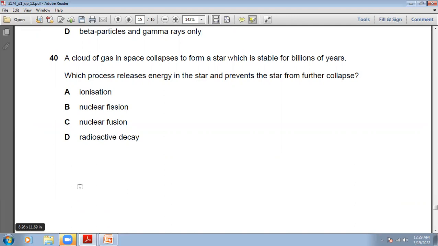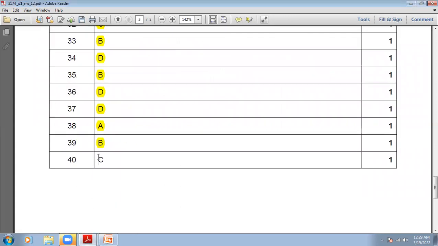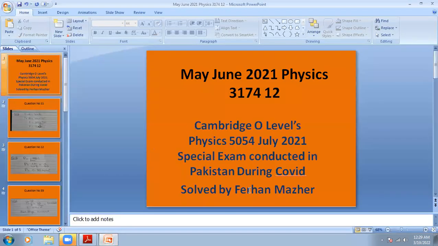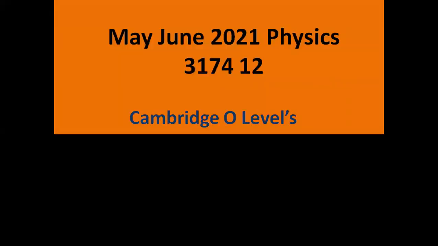That is nuclear fusion, where the smaller nuclei come and fuse into each other to make a larger nucleus. That process is called nuclear fusion. So I think C is the right option for question number 40.